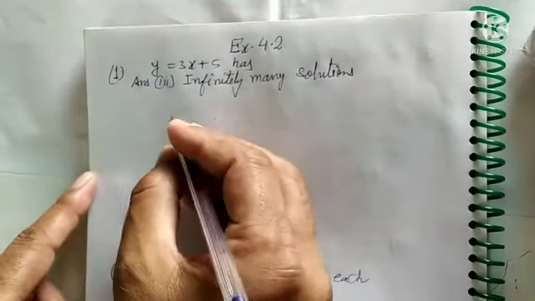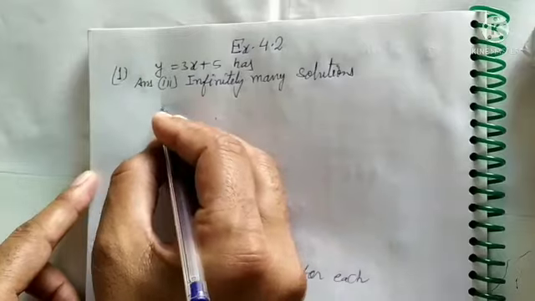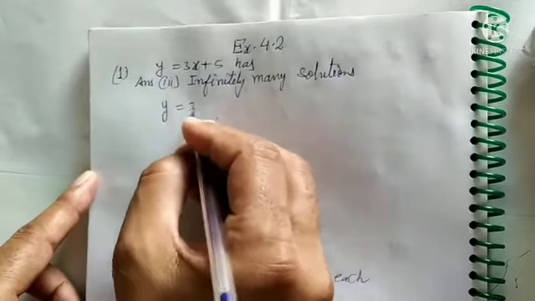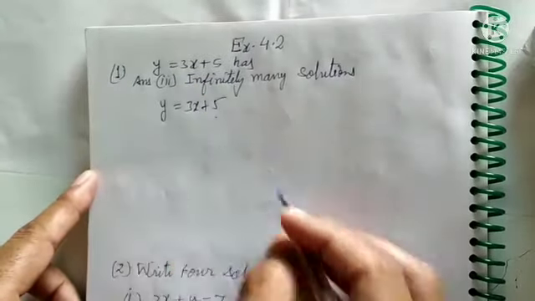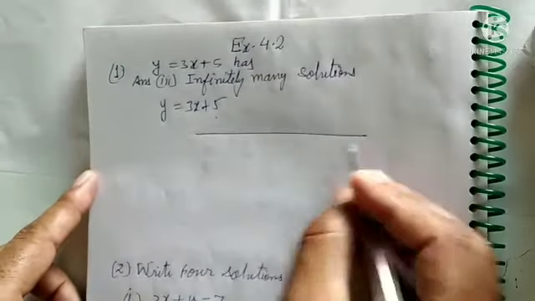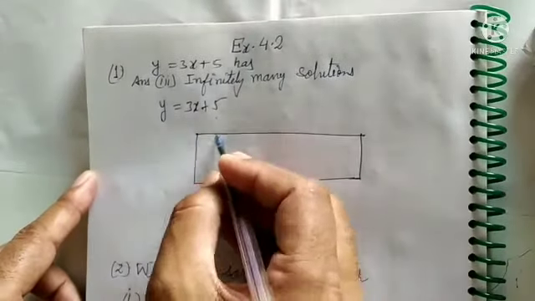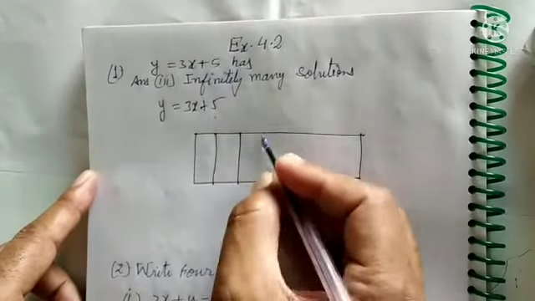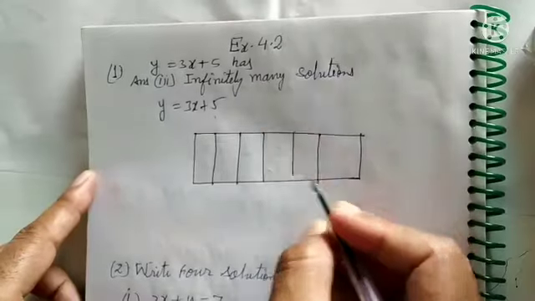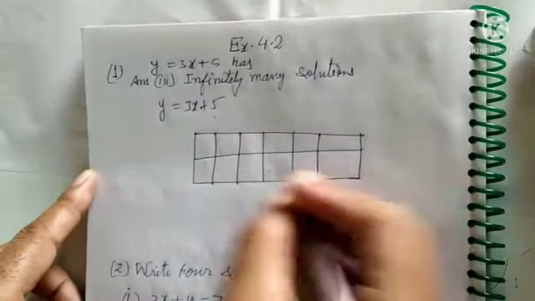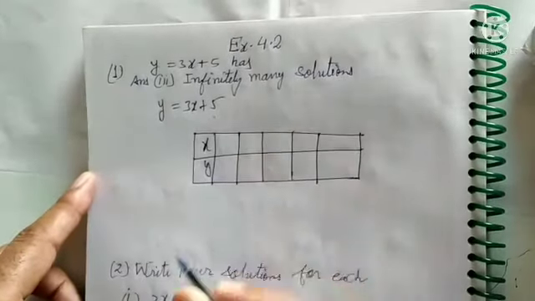First, write the equation here: y is equal to 3x plus 5, and make a table for the solutions. Make the columns here, and this is x, this is y.